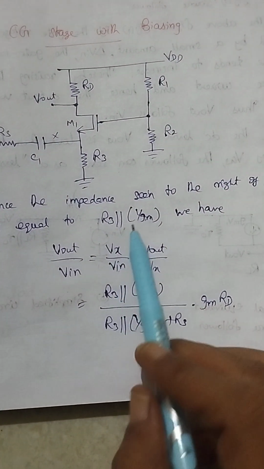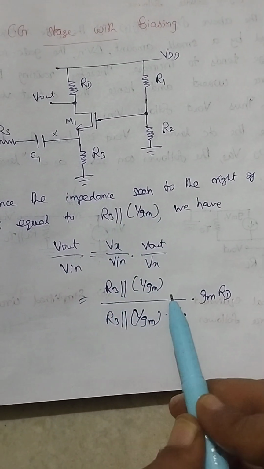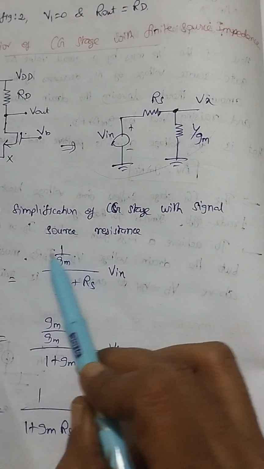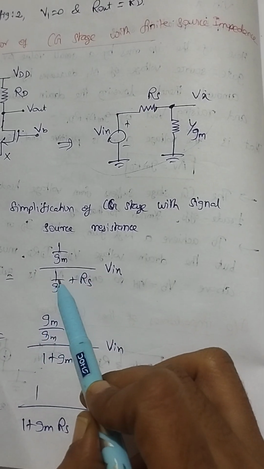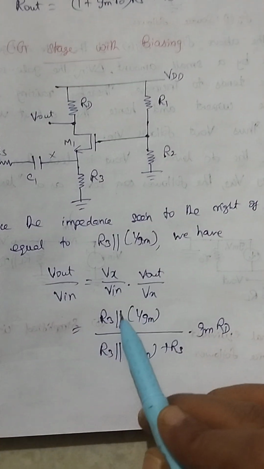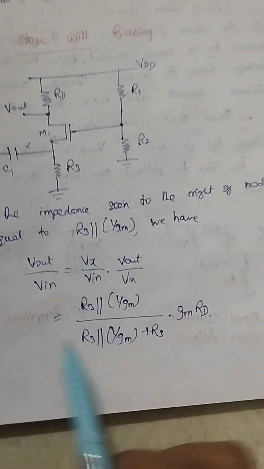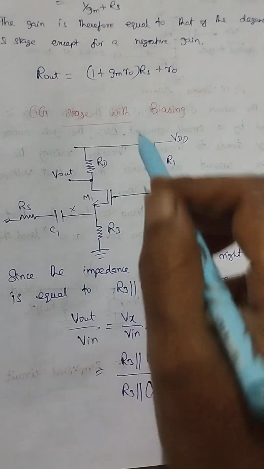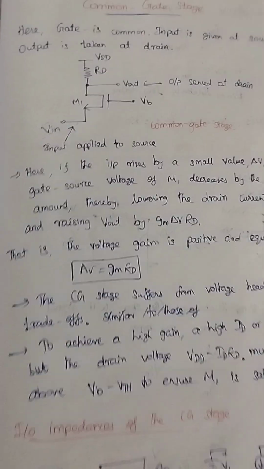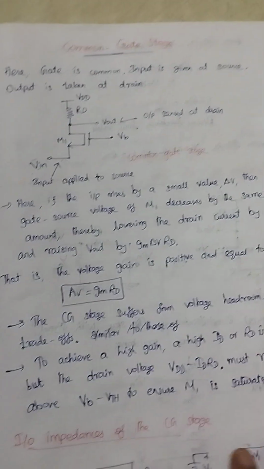So instead of 1 by Gm, we have to include R3: R3 parallel with 1 by Gm, divided by R3 parallel with 1 by Gm plus Rs, into Vin. That is the only change here. So instead of 1 by Gm, include the parallel R3 also. So this is the gain of this biasing circuit. This is the common gate stage. Thank you all.